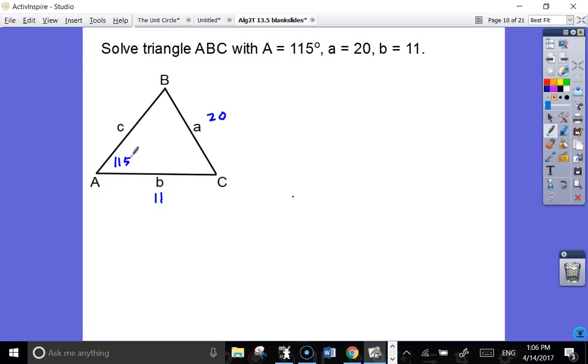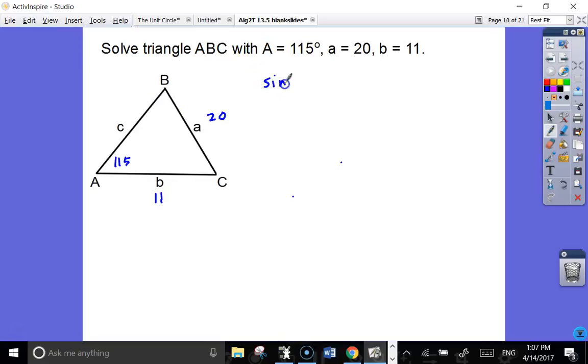So let's just go ahead and solve it like we would. Let's see, we have our opposite side and angle pair. So we need to use that. And we've got one side here. And so we'll have to solve for angle B first. So I'm going to use that form of the law of sines where the angle's in the numerator.